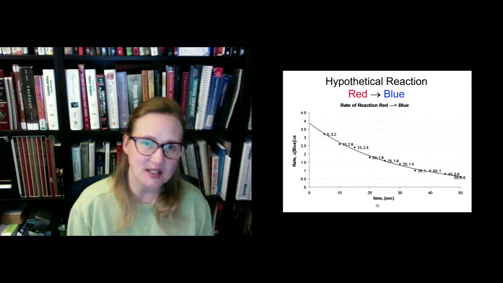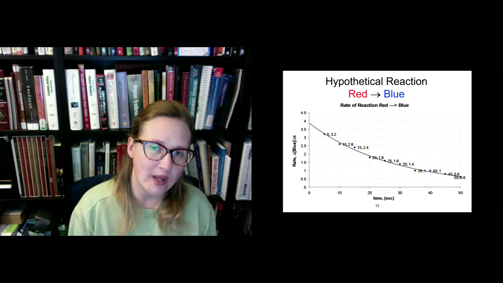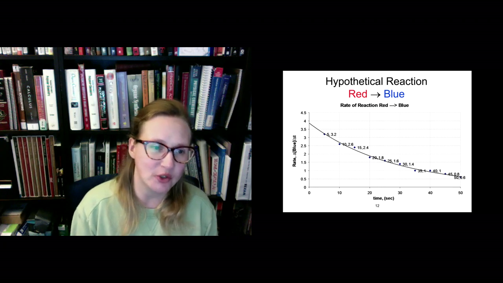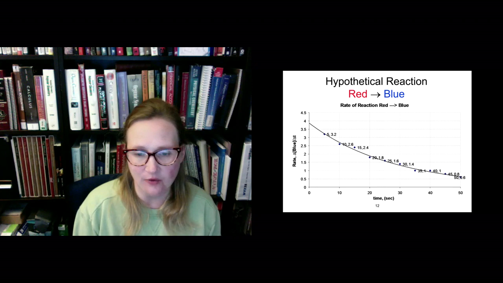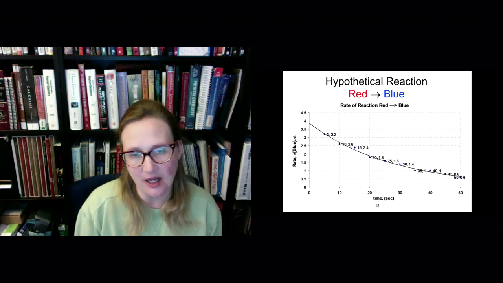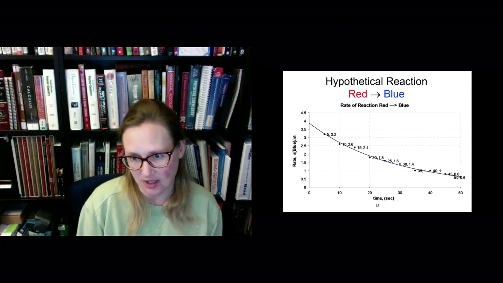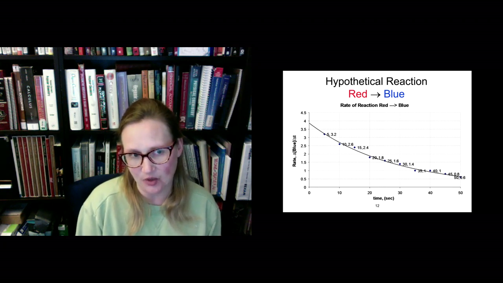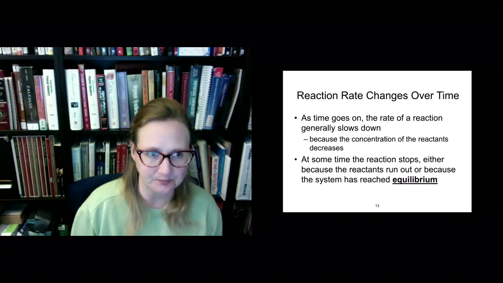Okay, and we can look at this a different way. We can look at this in terms of rate of formation of blue. If we find the rate of formation of blue, what we see here is that over time, the rate of the reaction starts to decrease. Initially it's pretty fast, and then over time it gets slower and slower.